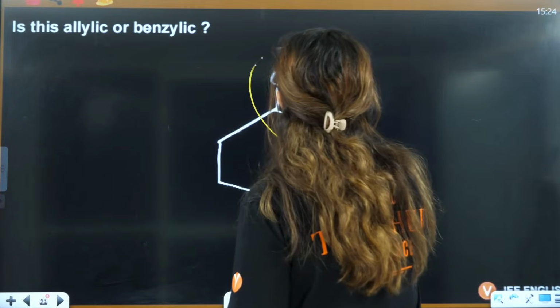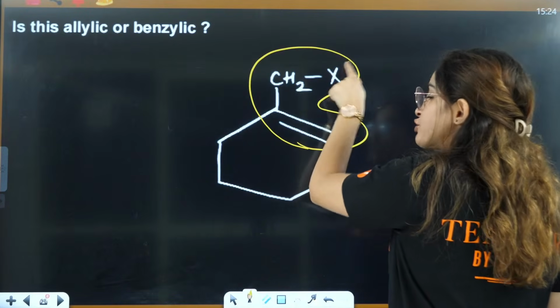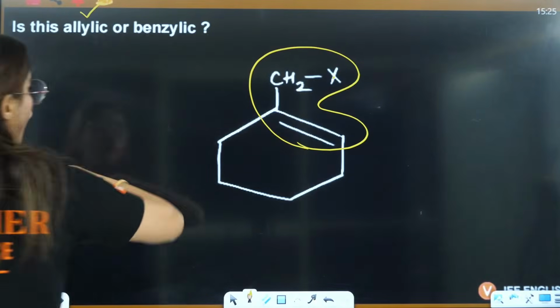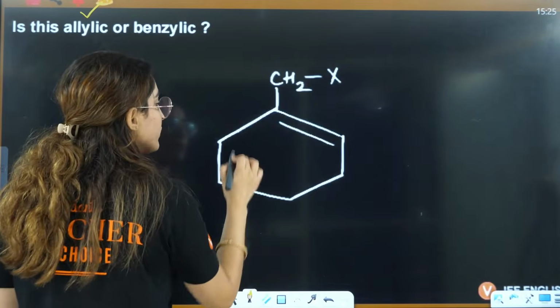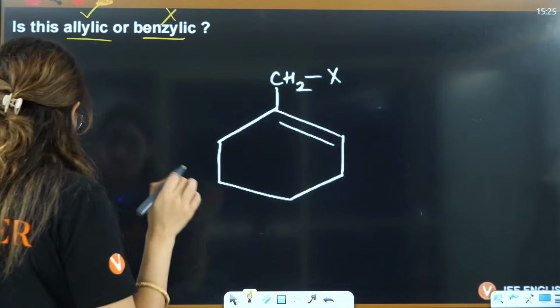This is allylic. Double bond, then carbon, and this halogen is allylic. For benzylic, this overall should be a benzene ring. So this will be allylic, not benzylic.